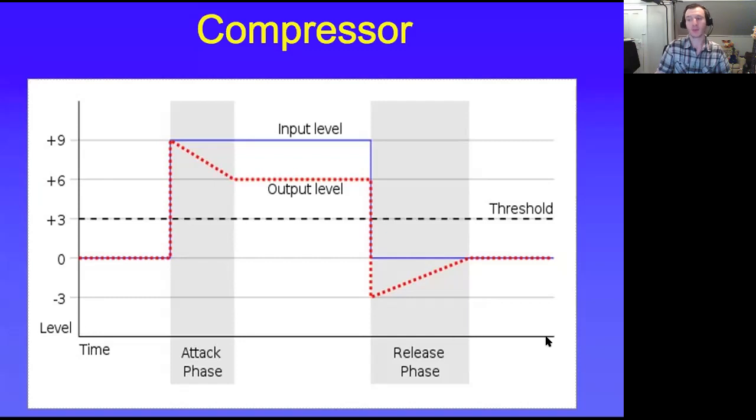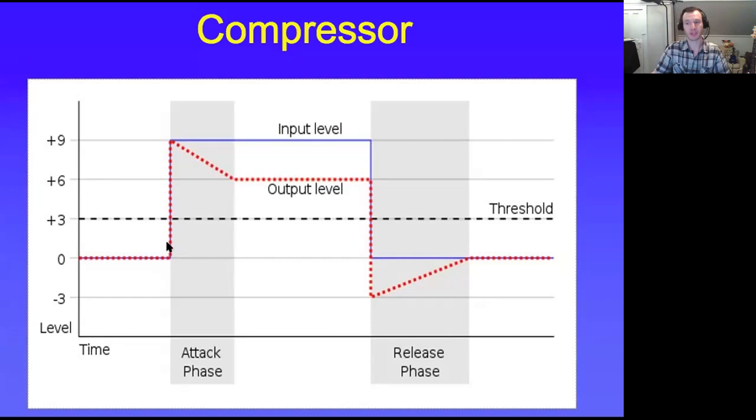Here, time is moving left to right along the x-axis, and the general level is on the y-axis, the vertical axis. The blue line that you can see up here where it says input level represents an incoming signal. So we can see the signal comes in and then immediately gets louder for some period of time and then immediately gets quieter back to the original level that it came in at, 0 dB.